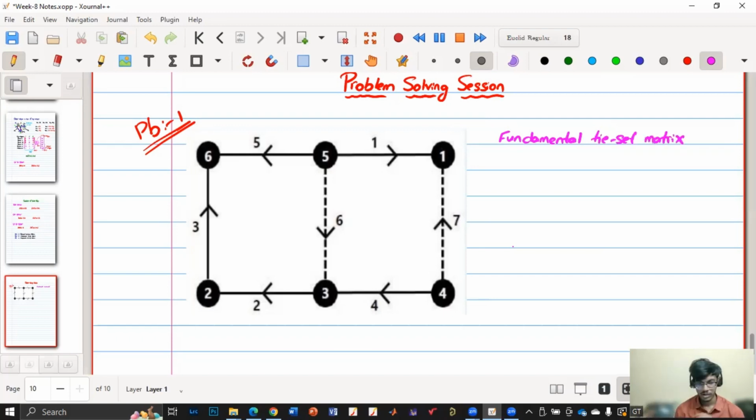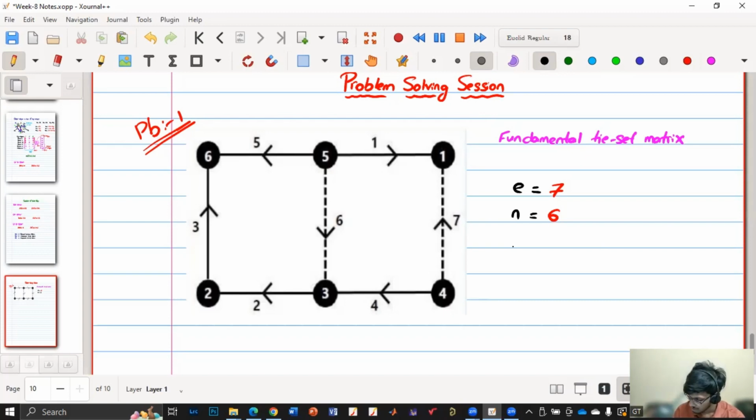First, you tell me what is the number of elements here? 7. Yes, 7 are the elements. So elements are the branches. And how many nodes are there? 6 nodes. They have considered a tree, right?